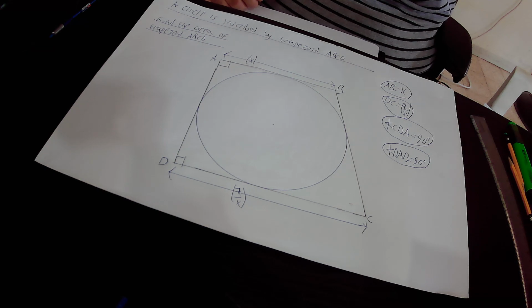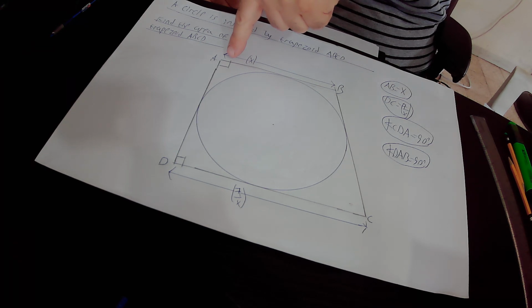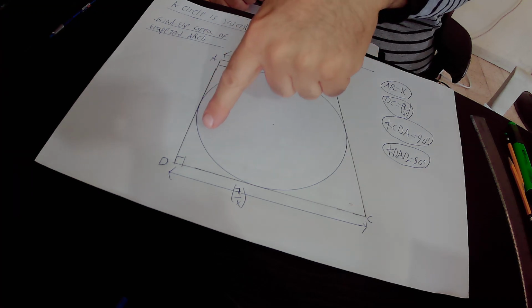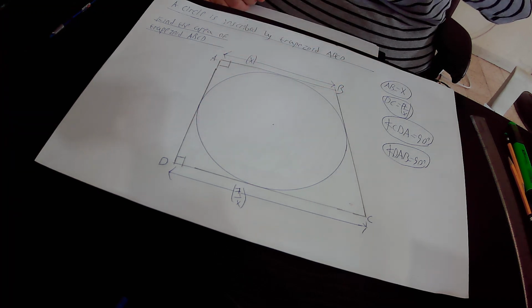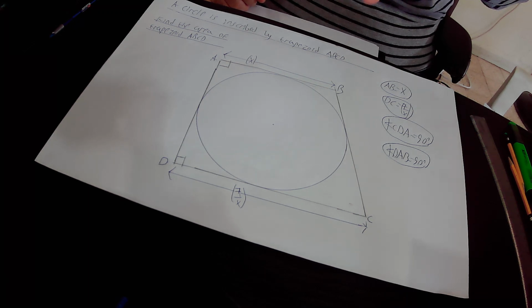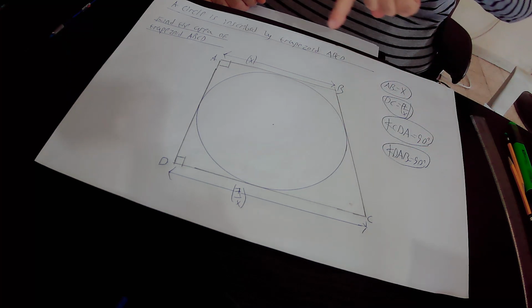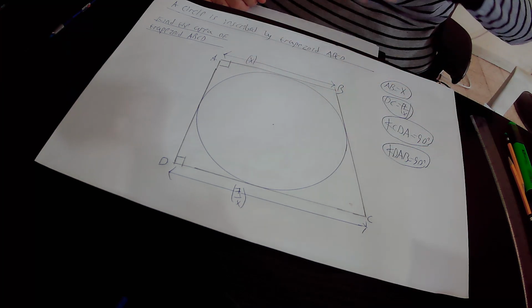In addition, this is angle BAD, that is a right angle, and this is angle CDA, that is also a right angle. I repeat again, our mission is to find out the area of this trapezoid ABCD.